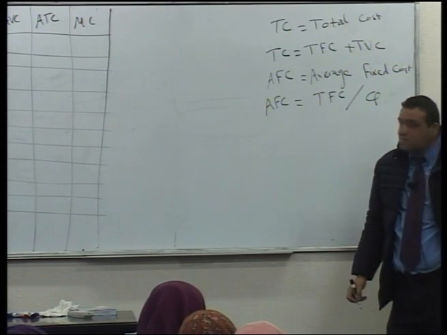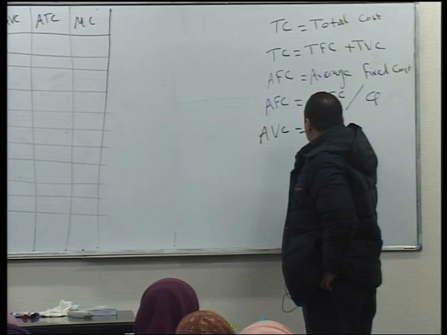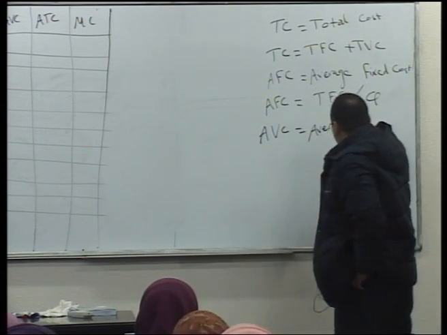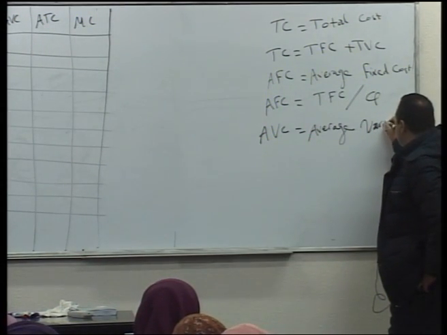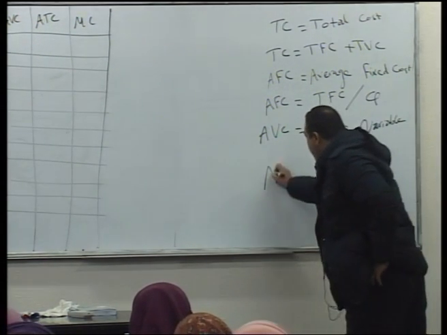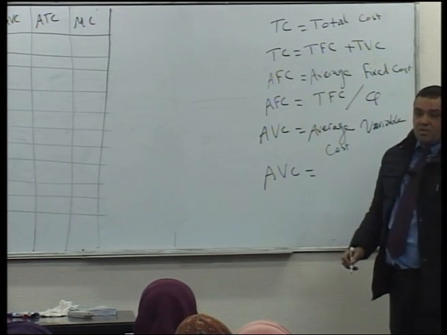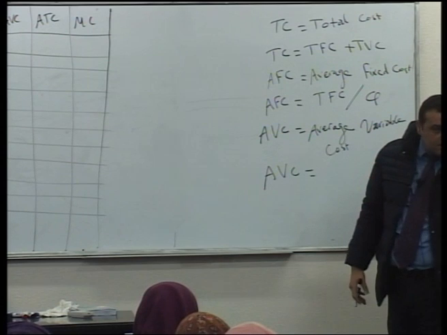Average variable cost, AVC, is the average variable cost. AVC equals TVC over Q. We will see the applications soon.